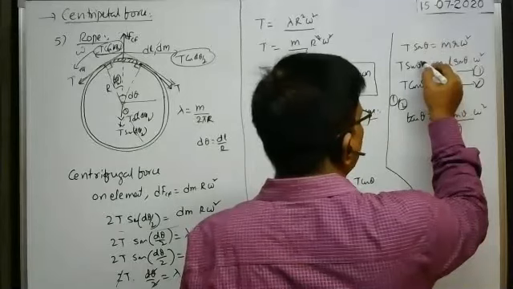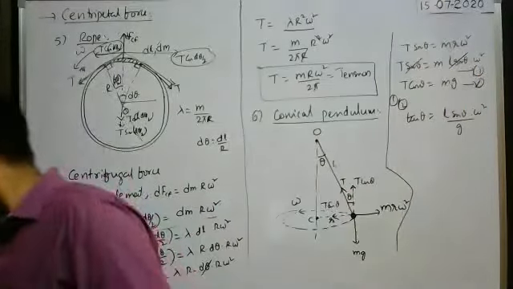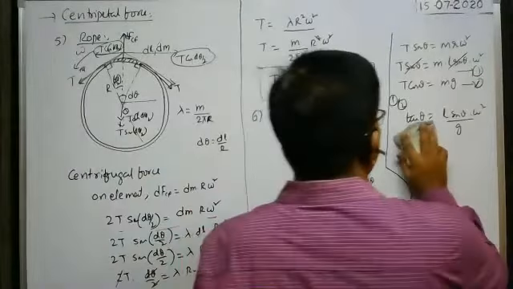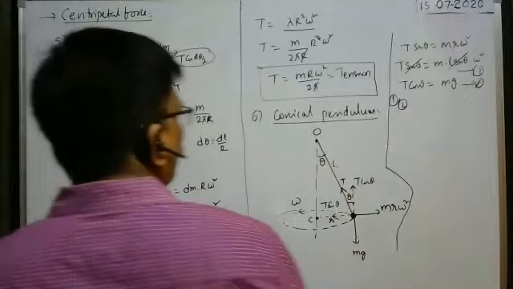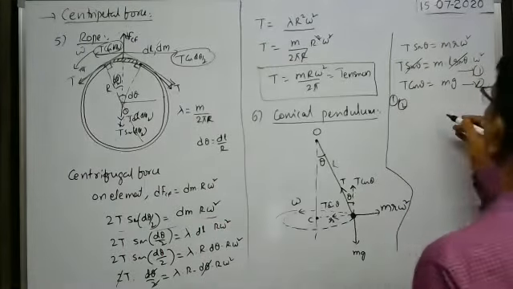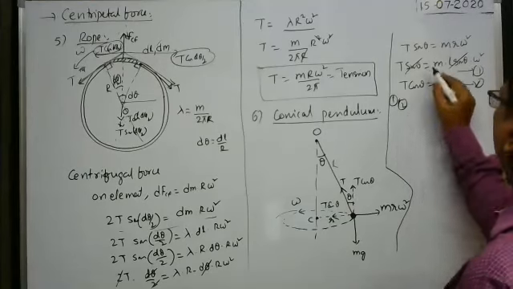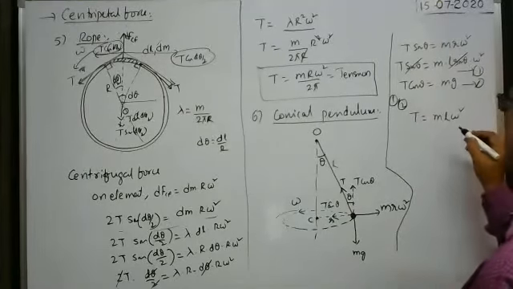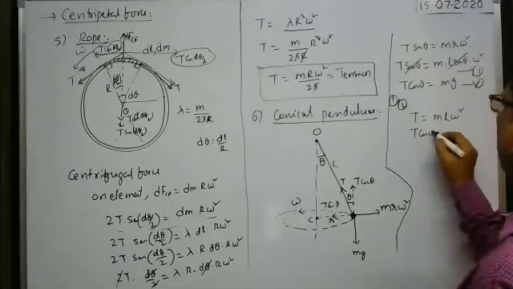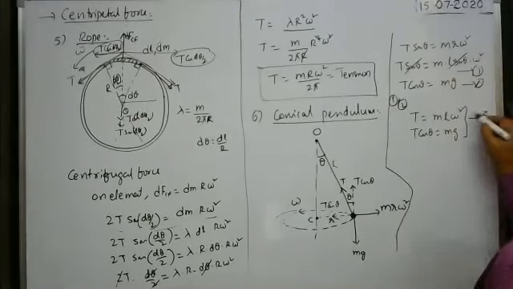Here sin theta will be cancelled. From this, T is equal to m L omega square. And T cos theta is equal to m g. These are the two equations we got.